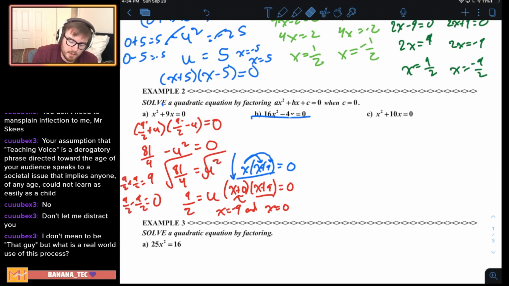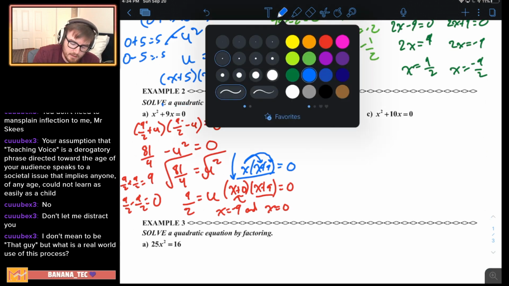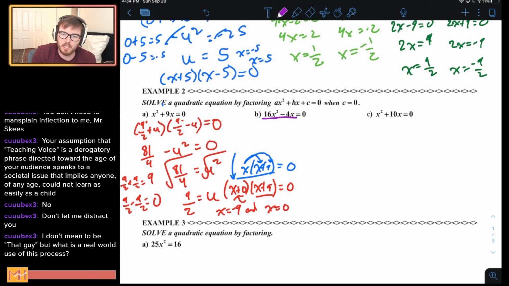So is there something that I can see, visually speaking, that I could undo distribution? These both had an x. So I can yank that x out and have x times x plus 9. And I say, hey, there's a solution of 0, and hey, there's a solution of negative 9.